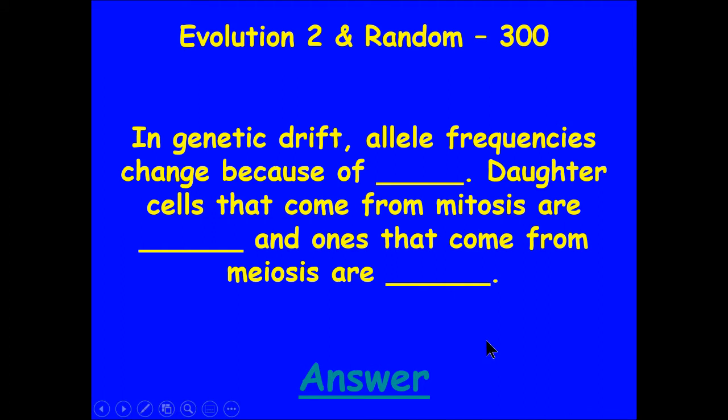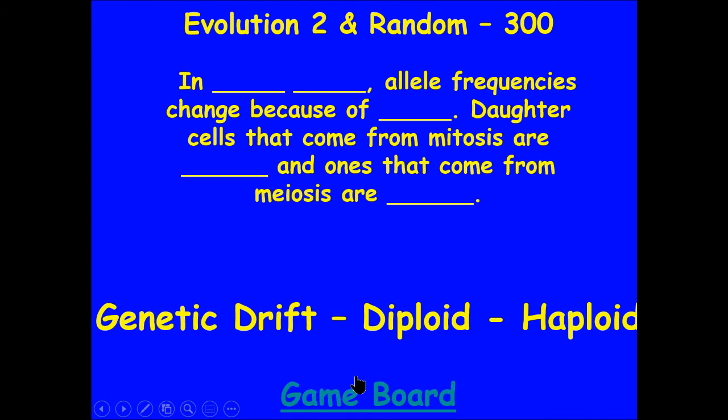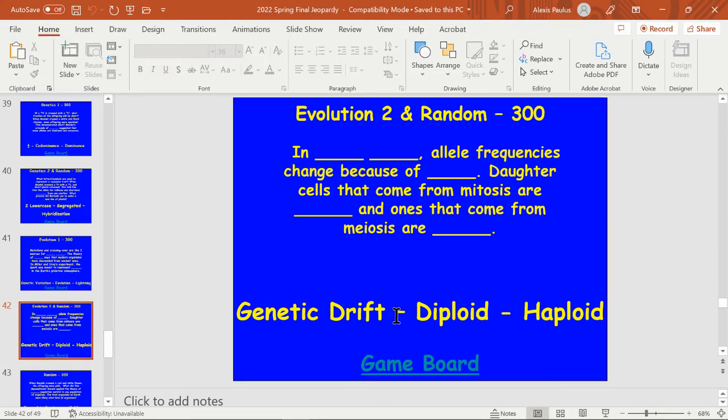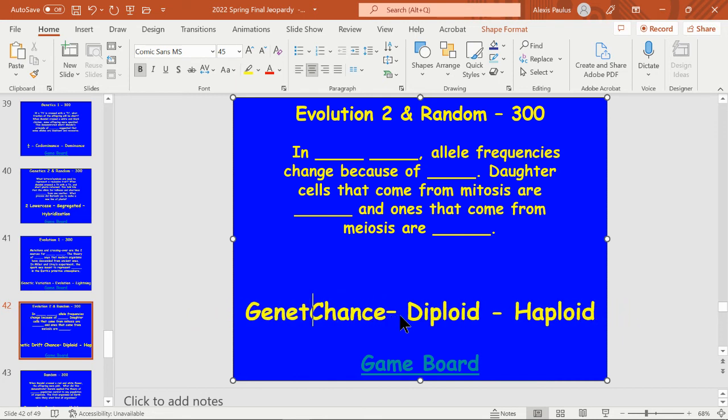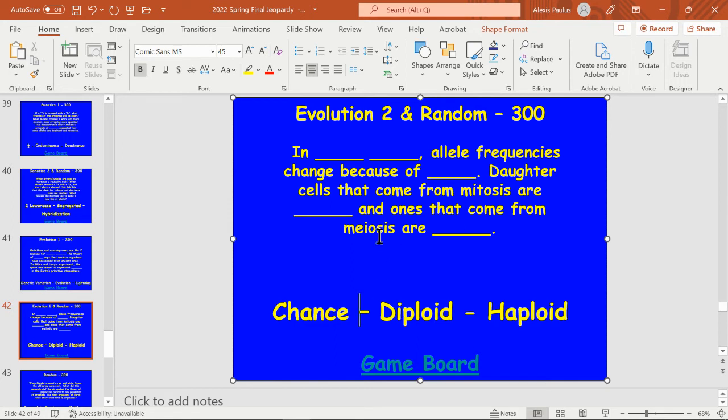Answer coming in 3, 2, 1. All right, so it's genetic drift, and it should be chance. Sorry. So genetic drift is really difficult to understand because things happen in nature that you would not necessarily expect.